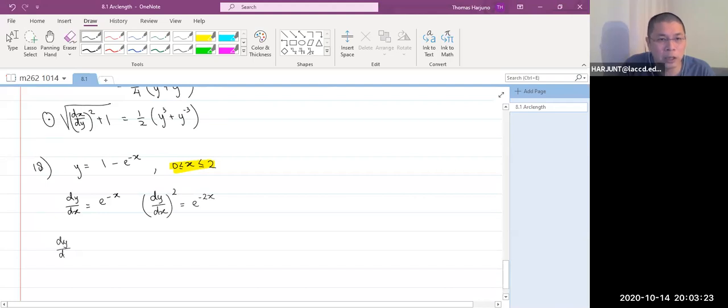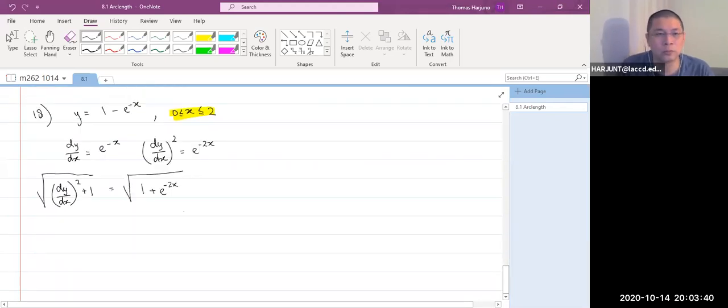Dy dx squared plus 1 under the square root is the square root of 1 plus e to the negative 2x.